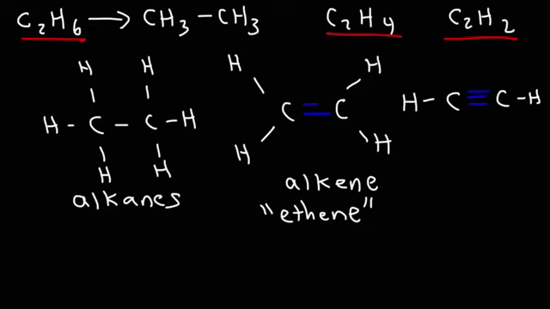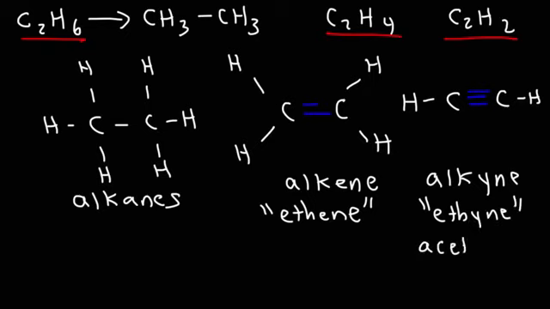And so whenever you have a hydrocarbon with a triple bond, you now have what is known as an alkyne. A 2-carbon alkyne is known as ethyne. The common name for this is acetylene. And the common name for this compound is known as ethylene.